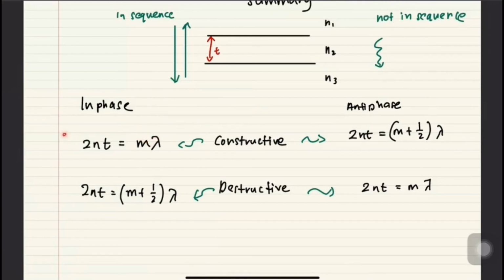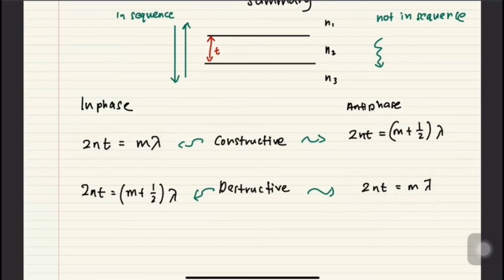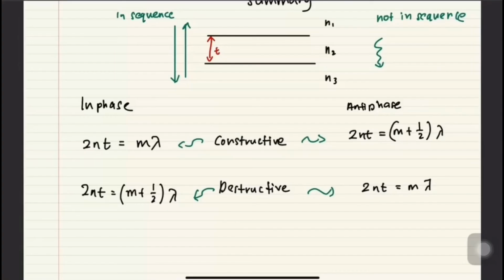So for this equation and this equation, m minimum is equal to 1. But if the equation has half like this, you can substitute 0. If you substitute 0, you still get half, right? So this one is the same. For the ones with half, m starts from 0. For the ones without half, m equals to 1. Understand? Yes, okay, right.